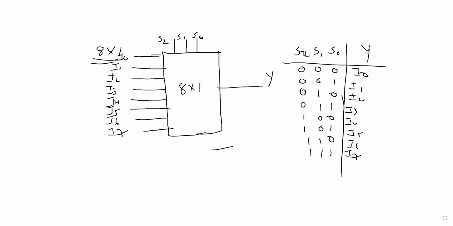In this way you can realize a 2 by 1 multiplexer, 4 by 1 multiplexer, 8 by 1 multiplexer, and so on, 16 by 1, whatever it may be. Is it clear? Thank you very much, everyone.